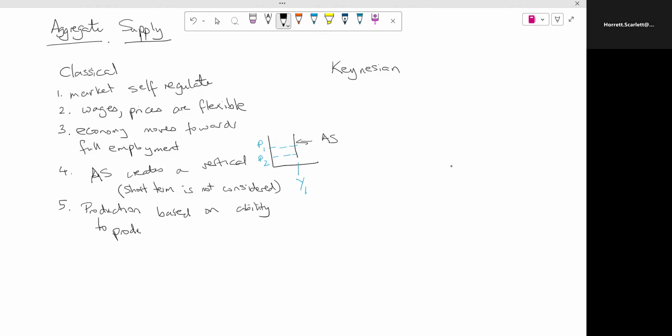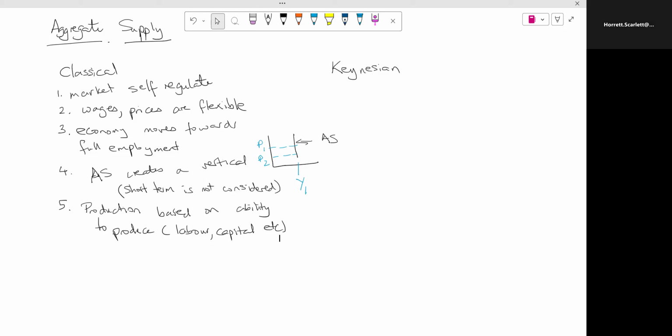So once firms have the ability to produce, they will produce. So once they have labor and once they have capital, etc., then it is believed that they will just produce and produce until they reach that point of full employment where they are now operating at full capacity.